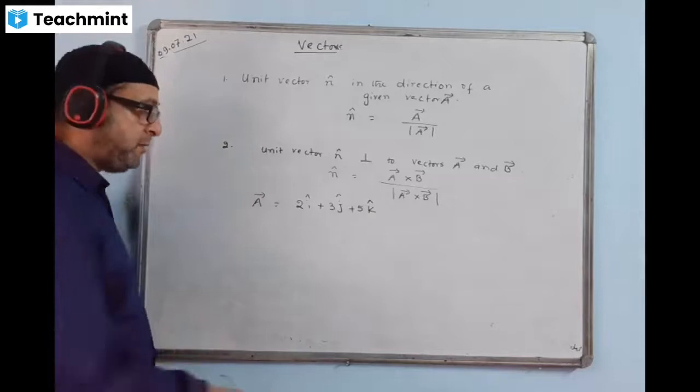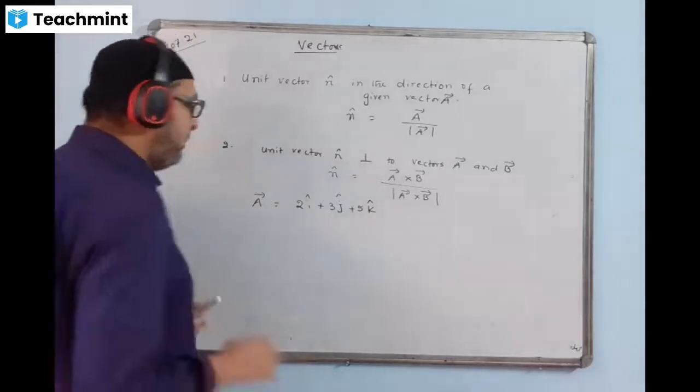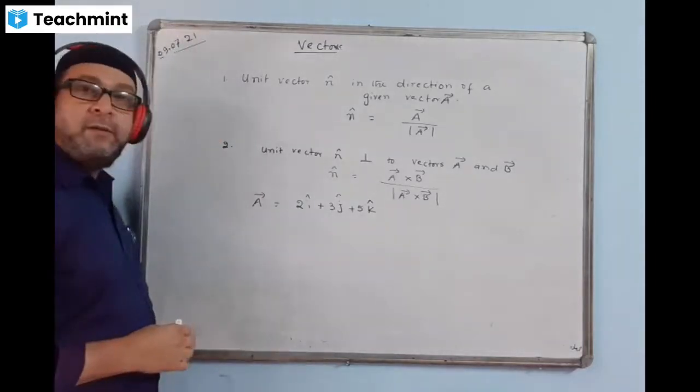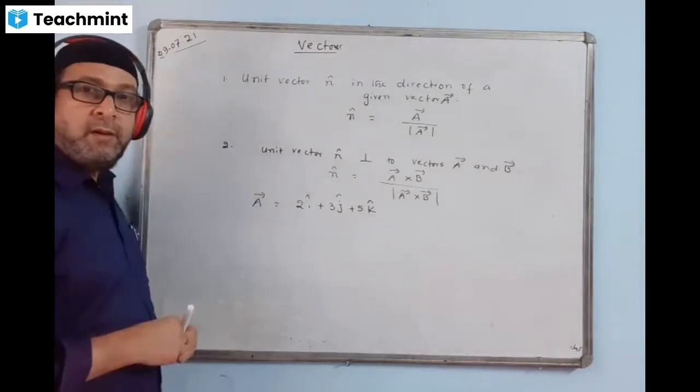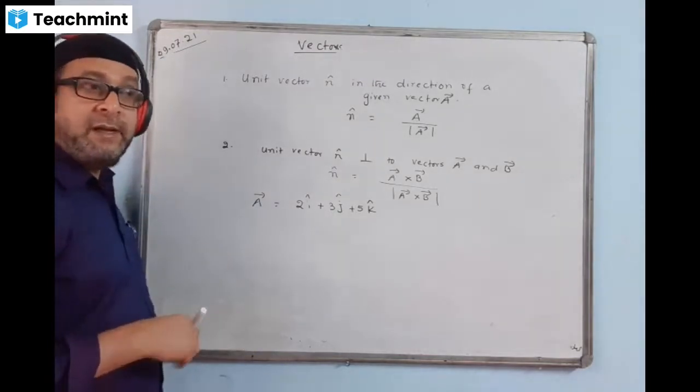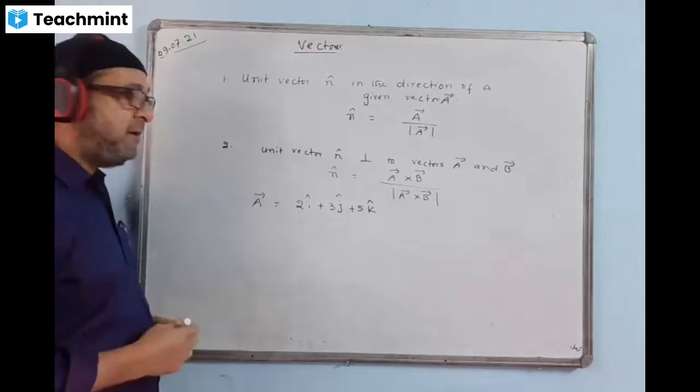That is the question. You have to find a vector whose magnitude is given as 2 and it is in the direction of this vector.